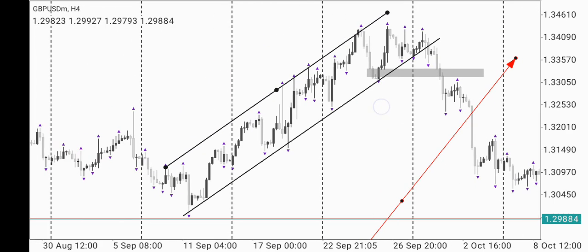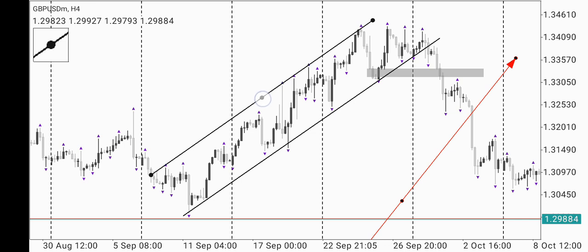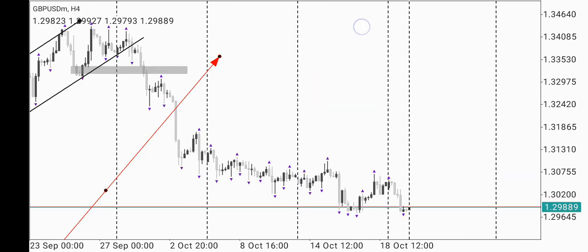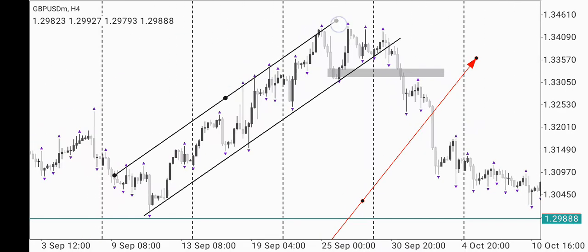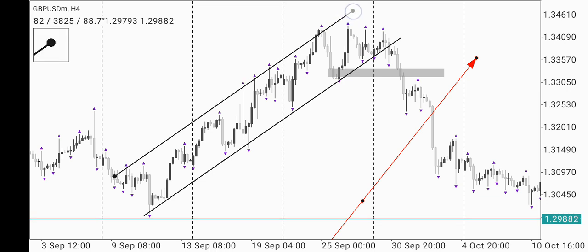Then you make it a channel. When you draw the downside, you draw the upside. Make sure it's tapping more than one or two swing points.